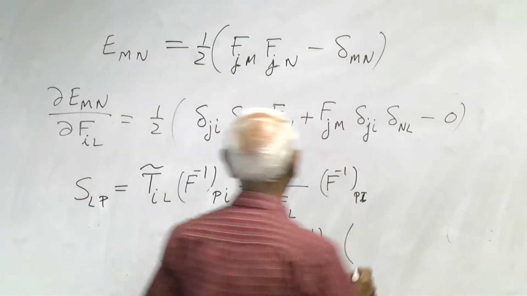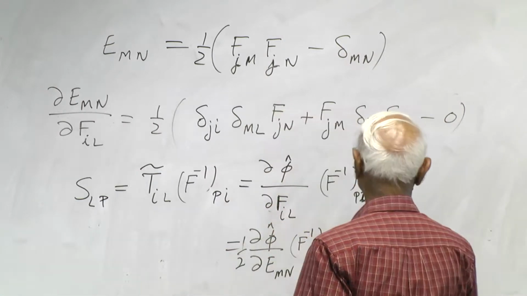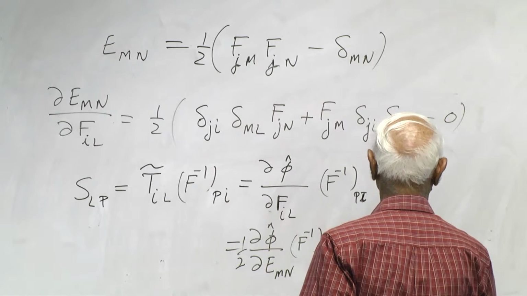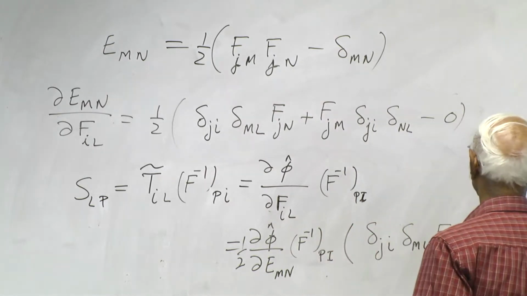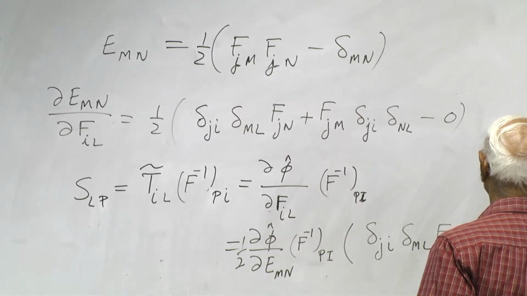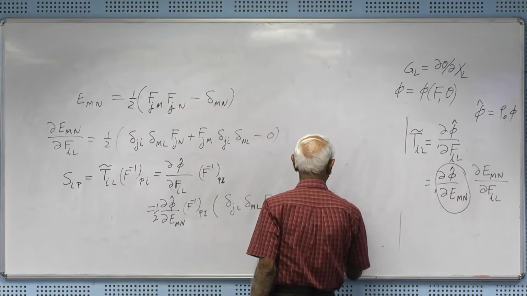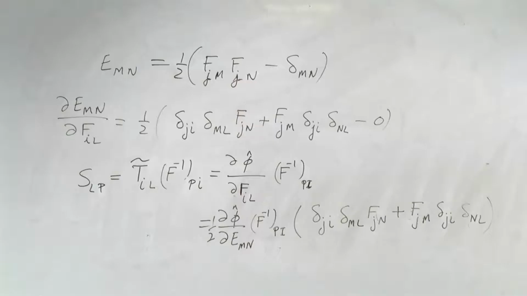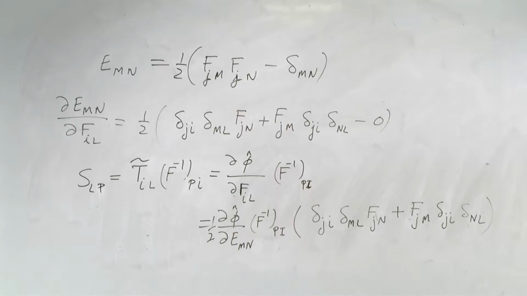I copied that, and there's a 1/2 here, so I just copy that, delta J I delta ML, FJN plus FJM, JINL. I think I did okay. I did not think hard, but I just copied from here. I didn't copy 0.